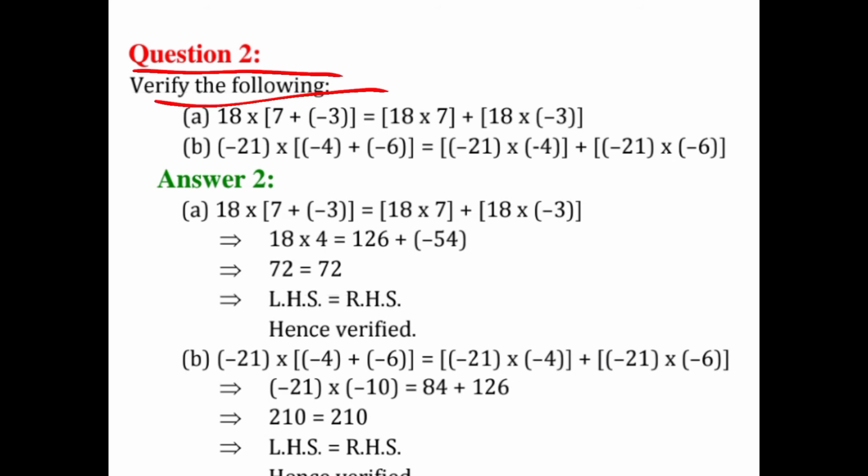So we have to verify whether this is equal to this or not. So let's try to solve this question.